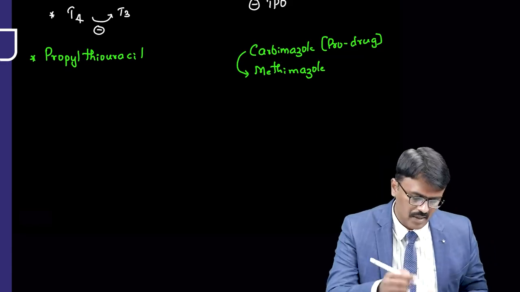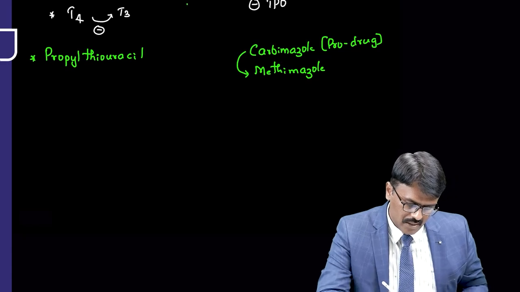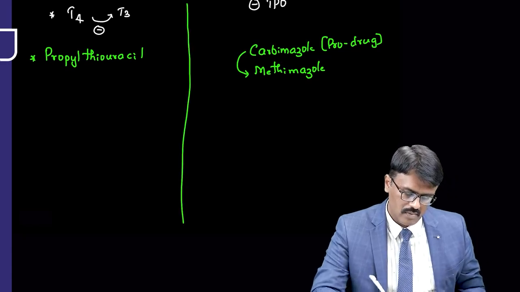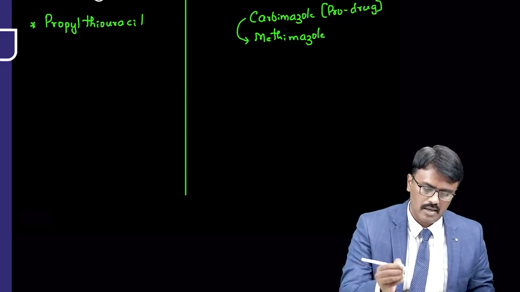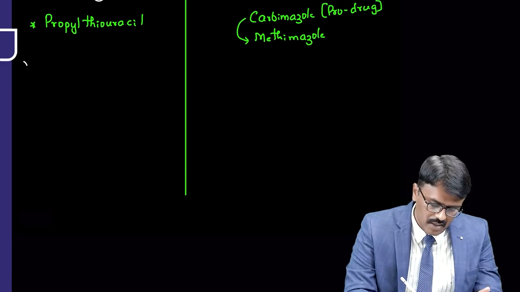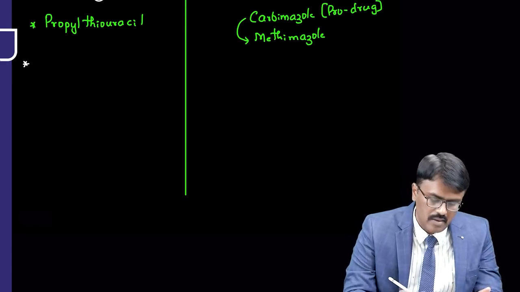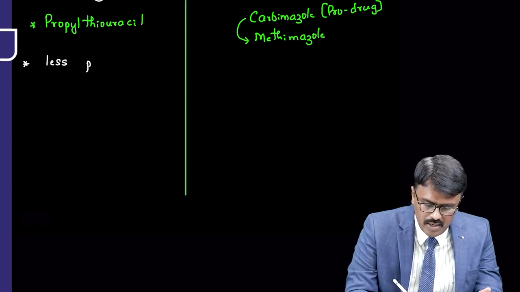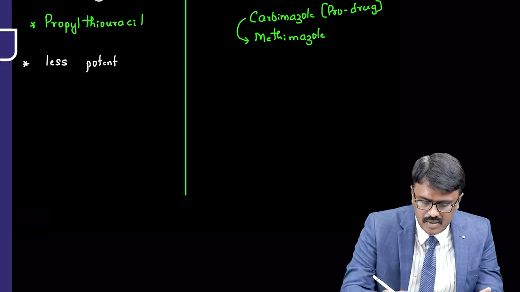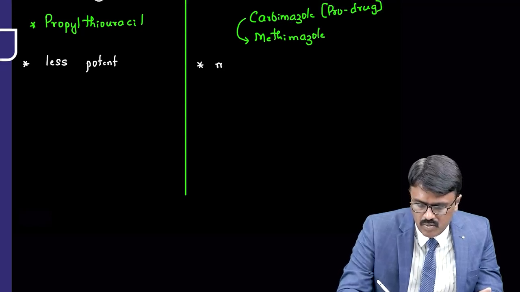That's it. Let me write what are the differences between the two, propylthiouracil and carbimazole. The difference is propylthiouracil is less potent. Now these are more potent.